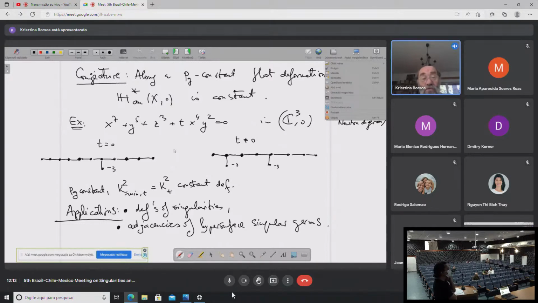Okay, let's take that pair, that deformation, and compute both for t equal to 0 and t non-zero, and we check whether we see the deformation or not. That would be a good starting point. Yeah, so that is what I can say. Okay, thank you, and thank you also for your nice talk. Yeah, sure.